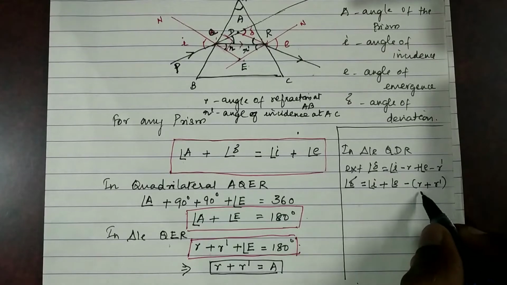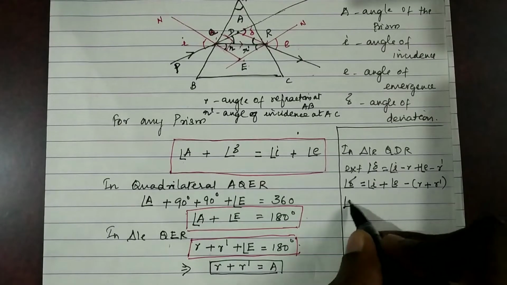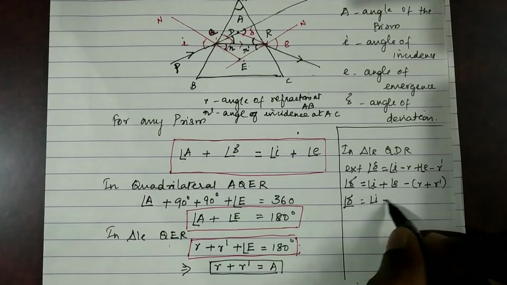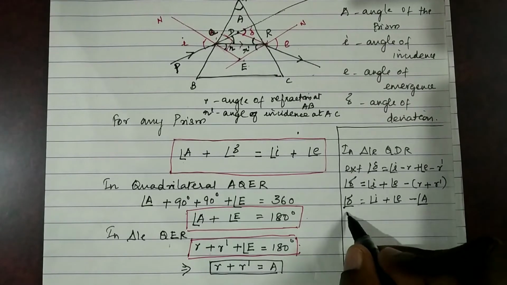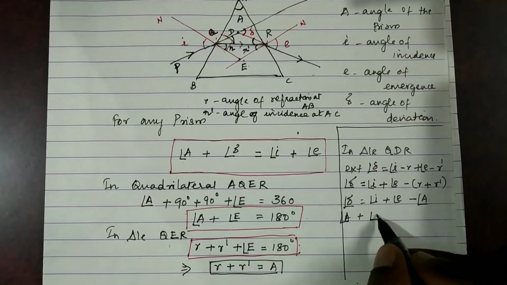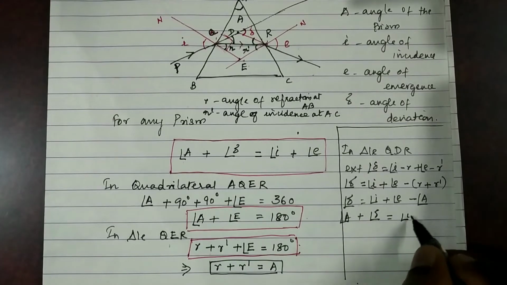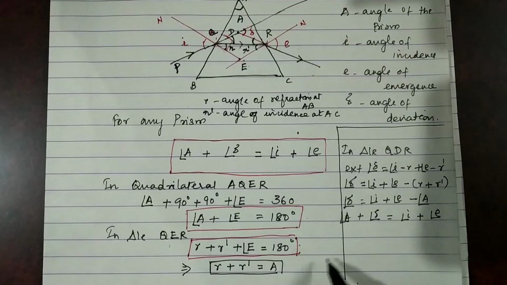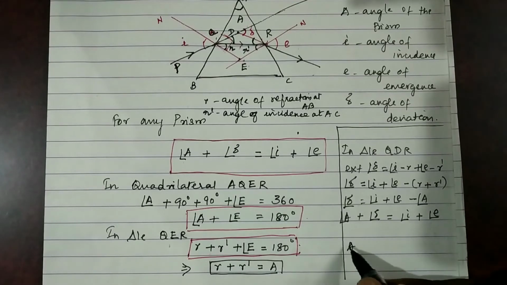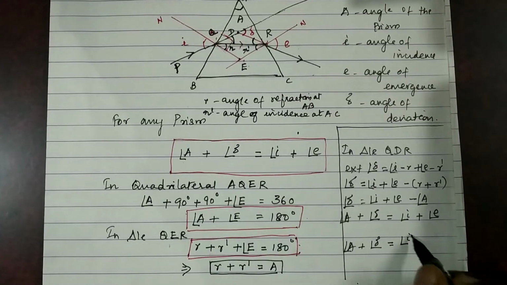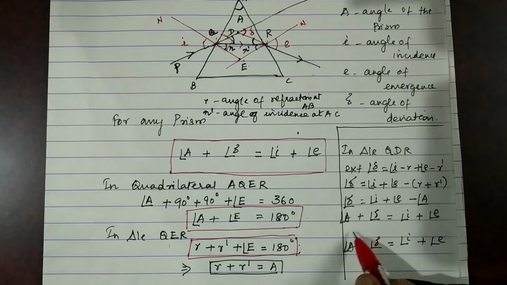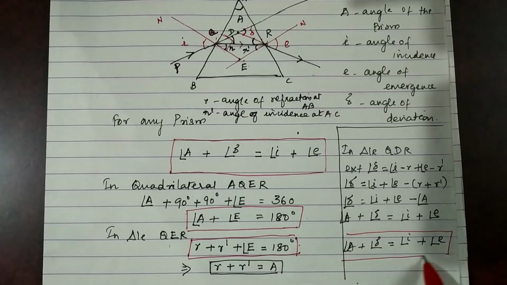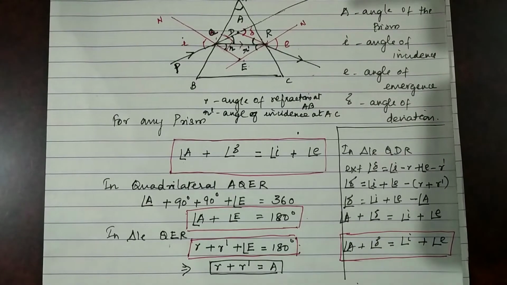But r plus r dash is A. So delta is equal to i plus e minus A. That is, A plus delta is equal to i plus e. So we got the relation angle A plus angle of deviation is equal to angle of incidence plus angle of emergence. So for any prism, this relation, this equation is true.